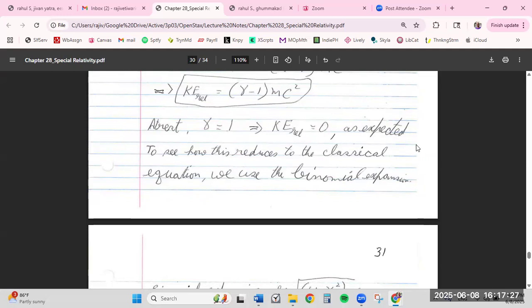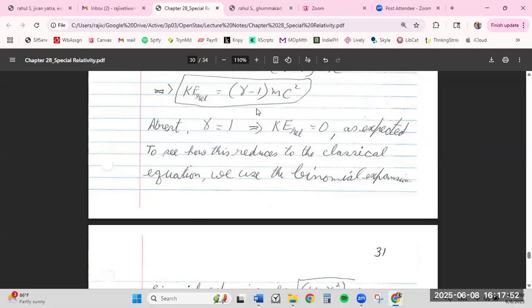Again, to bring back what we've been saying, if the object is moving very slowly, then these equations should convert back to classical results of classical physics, and that's true for kinetic energy as well.